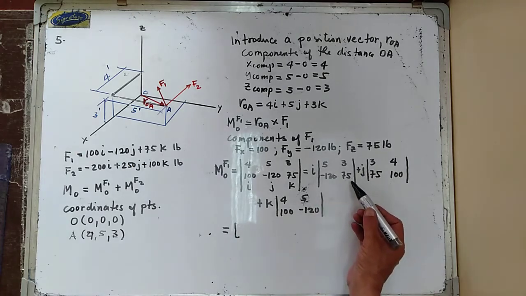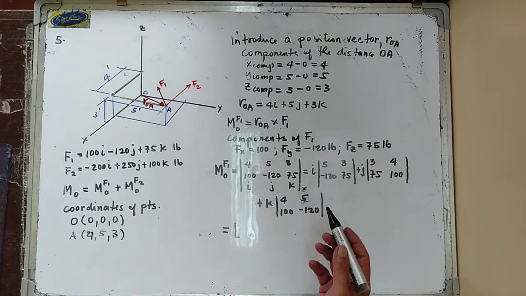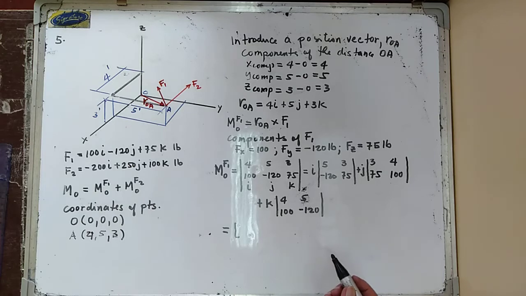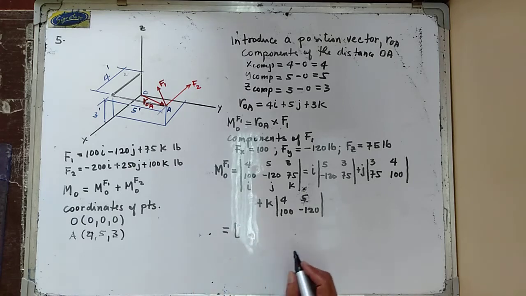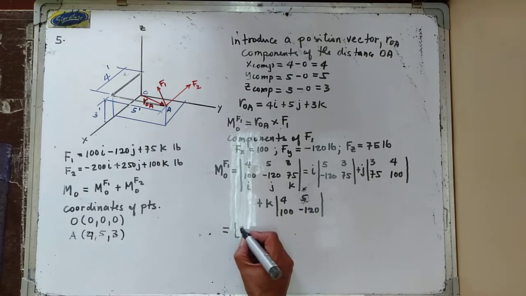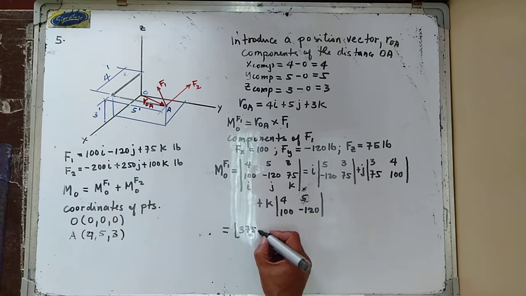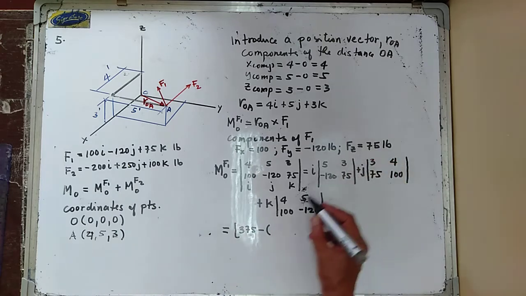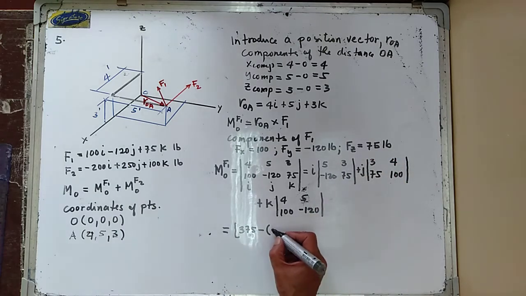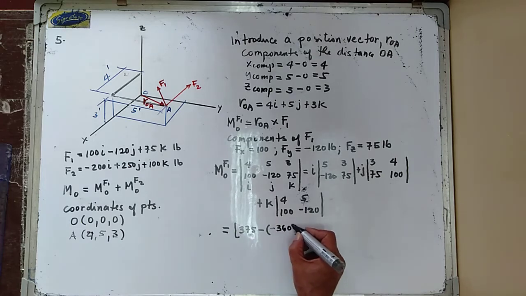This is therefore equal to, so let's get your i: 5 by 75 is 375, minus negative 120 by 3 is minus 360.